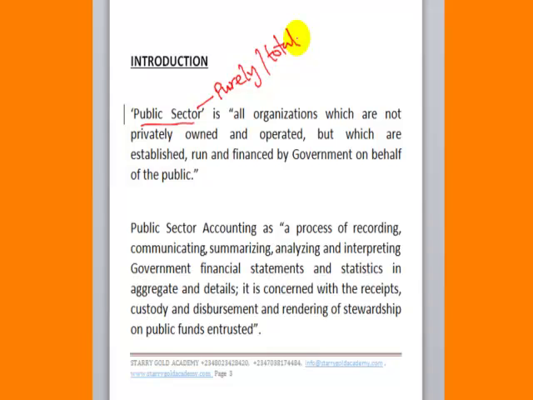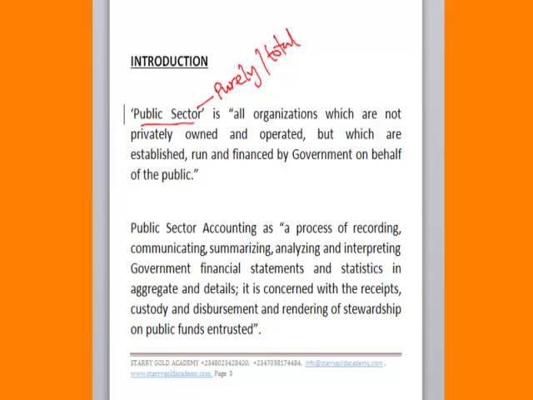That is, all organizations that are purely owned, controlled, managed and operated by the government of the country or the state on behalf of the public, in the interest of the citizens of the country.